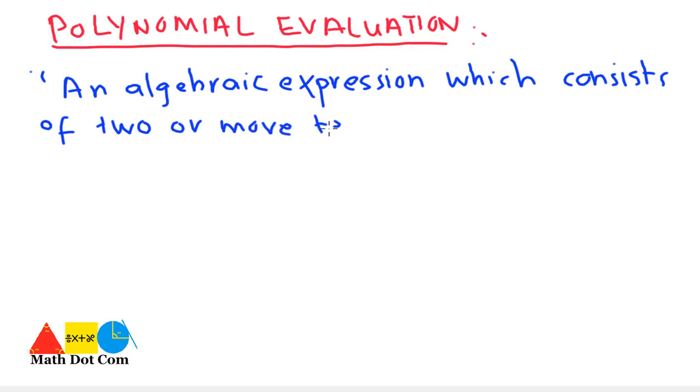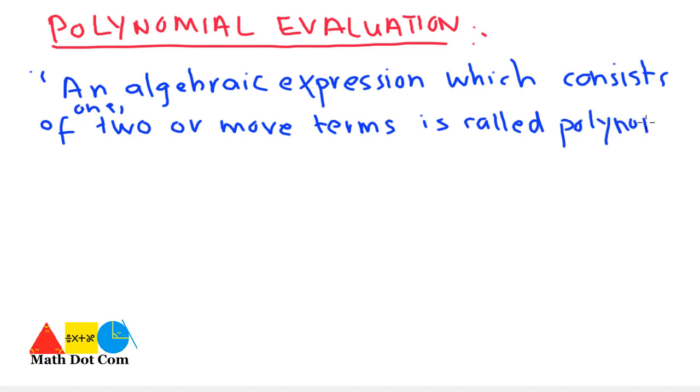There is no limitation here. Any number of terms, one, two or more terms, is called a polynomial.